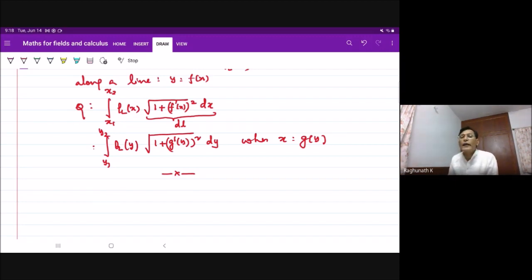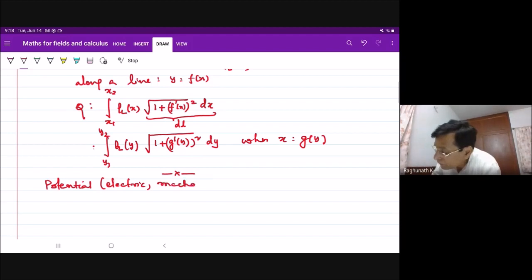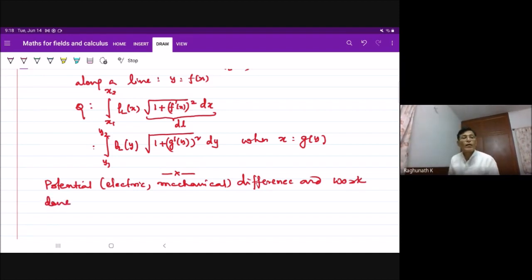In this particular case, one particular integral that we want to use here is for the sake of potential difference, electric as well as mechanical, and work done by a force.